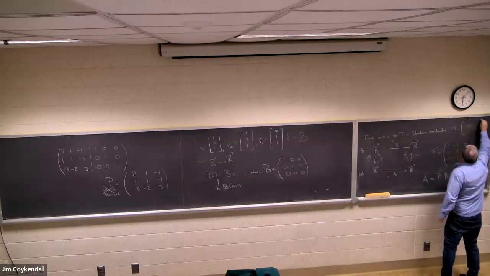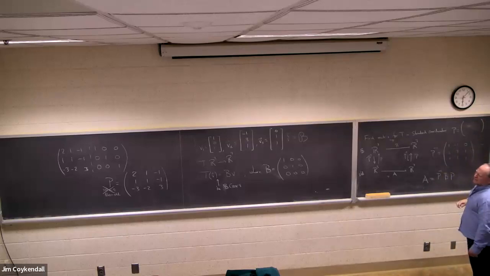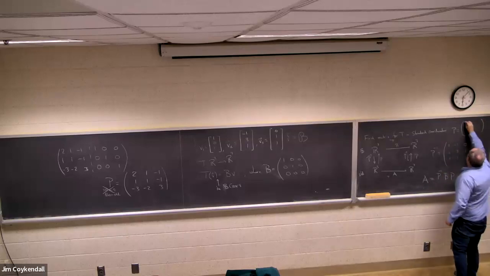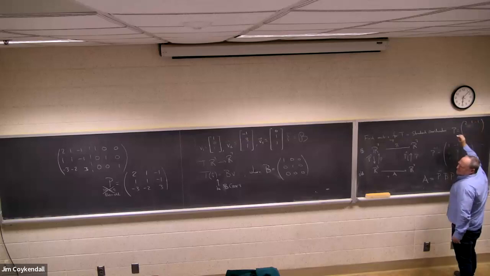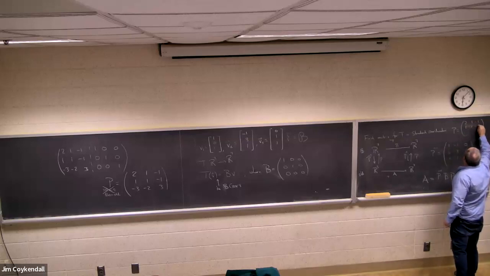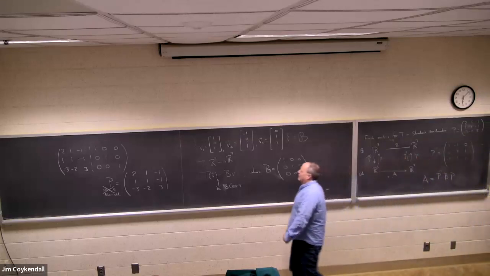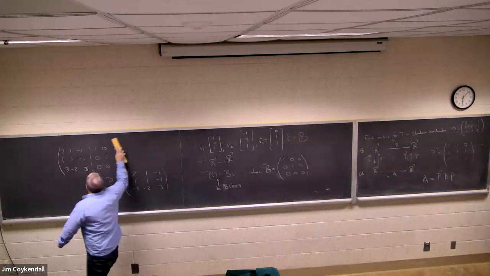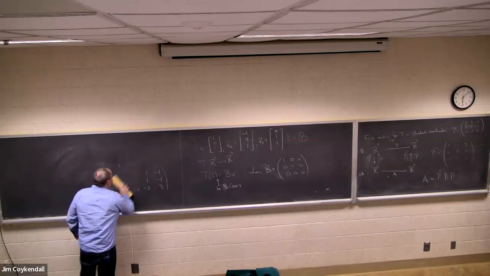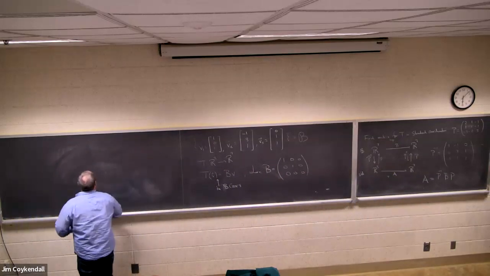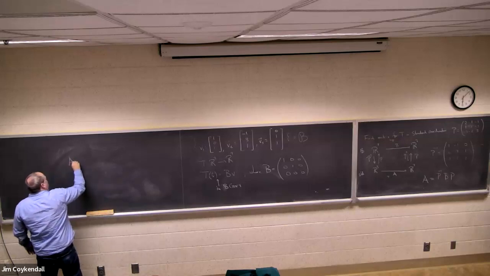Let me start writing this over here, where B was 2, 1, -1, 1, 1, -1, and -3, -2, 3. Okay, so let's see what A should be. We've done this right.